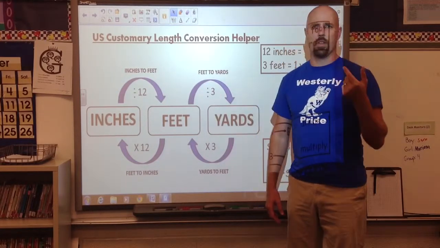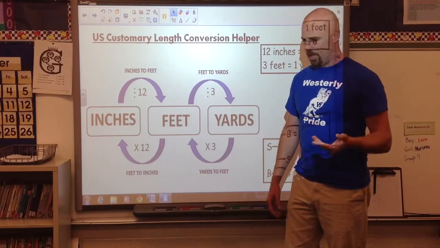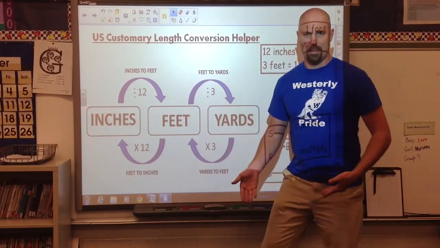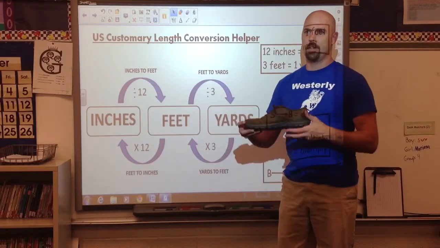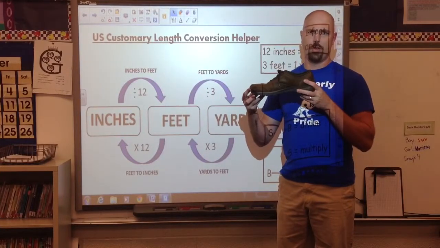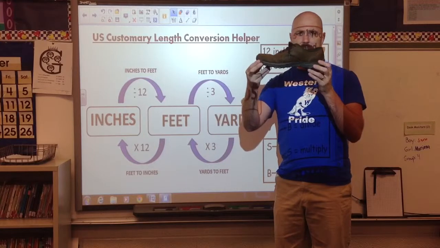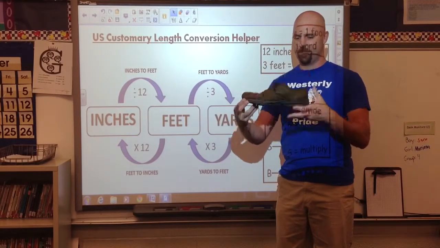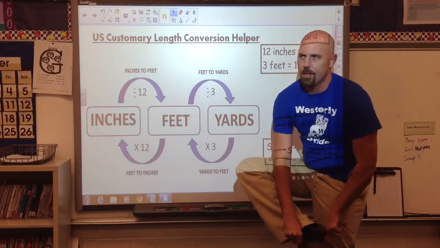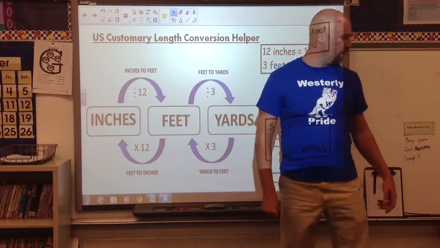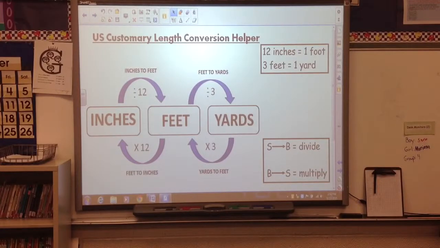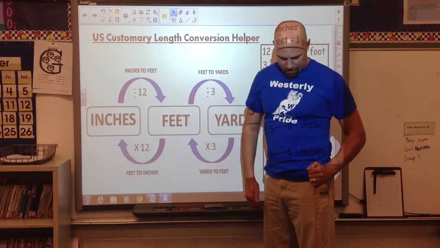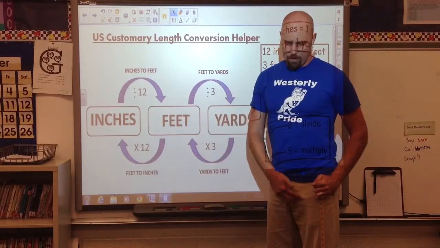Now I tell the kids they're lucky that they have Mr. DeLugas as a teacher because my stinky shoes, I wear about a size 11 and a half or 12, so they can look at that and go, okay, so that's about how big a foot is. Mr. DeLugas's stinky shoe is about 1 foot. Then I tell them they're also lucky because I take this yardstick and put it right next to my legs, which are about a yard.